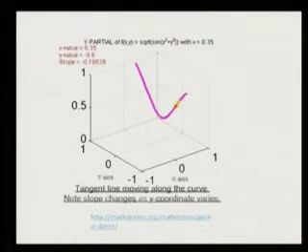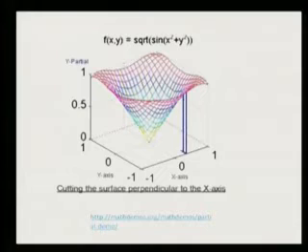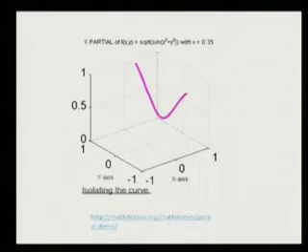You can see here the value of x is constant, 0.35, and the value of y is varying. It means that I cut this surface by an x is equal to constant plane. So on this curve x is constant and y is varying, right. So whenever x is constant and y is varying, we have to cut this surface by some plane. And when we cut a surface by a plane, then we will get some curves. You can see in this figure that the pink colored curve is the intersection of the plane and the surface.